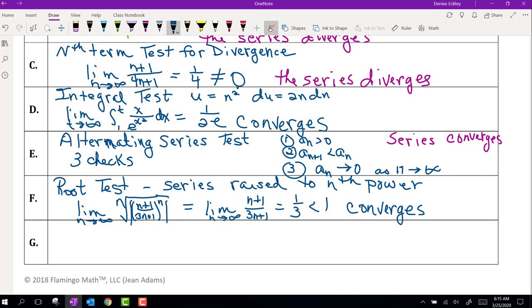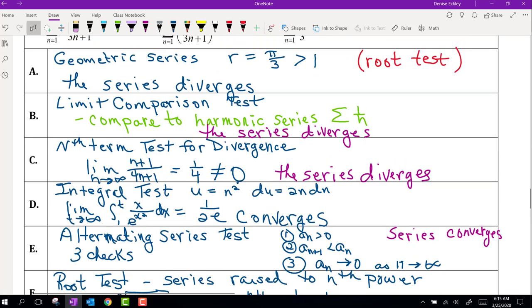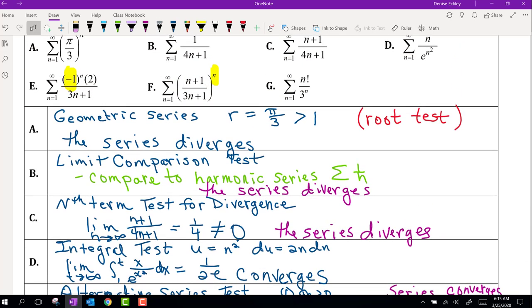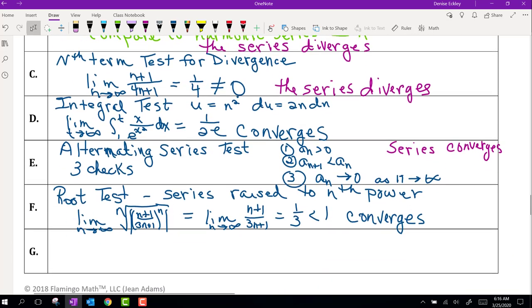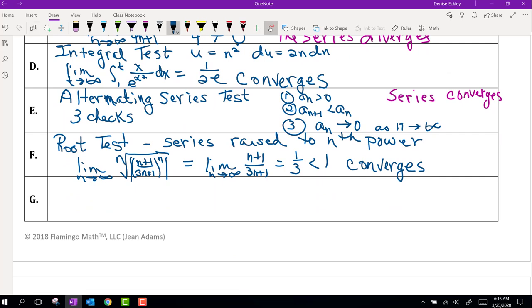And then finally, the last one, as you can see, we have an exponential and a factorial. So that is the perfect setup for the ratio test. Because of especially the factorial. So just doing that real quick.